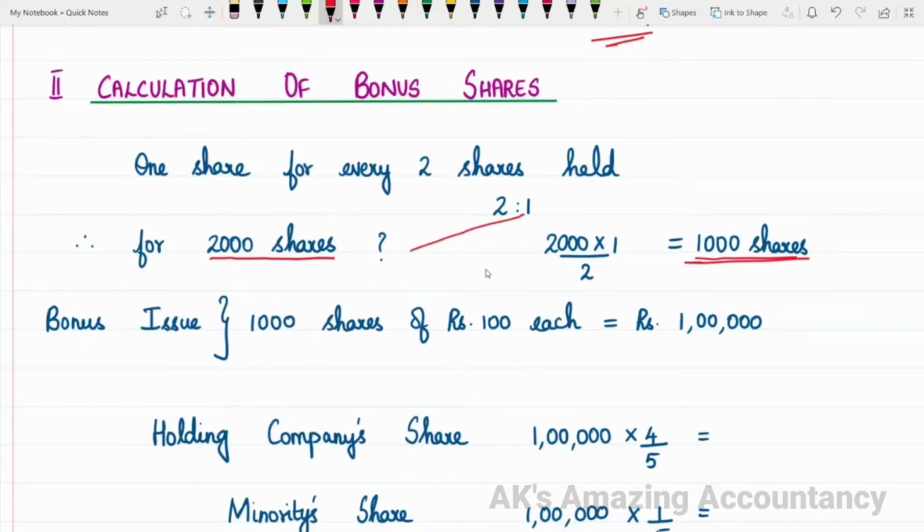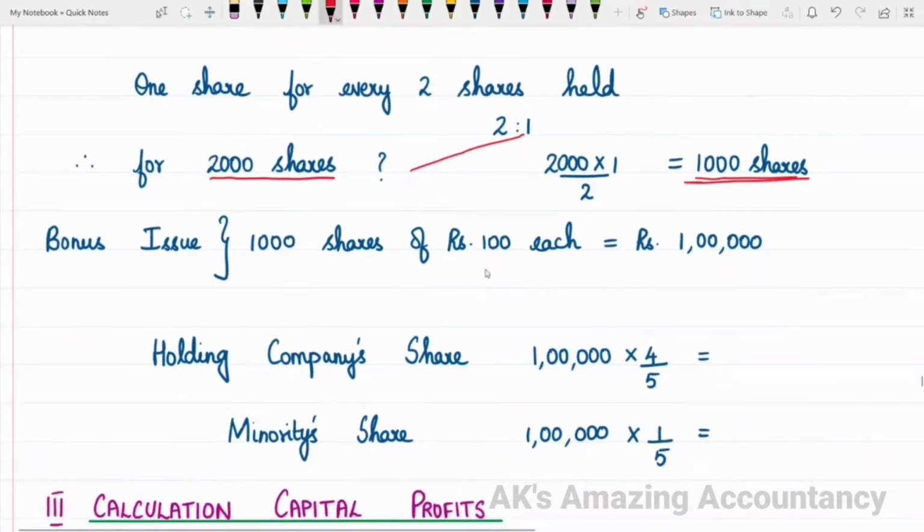Now after calculating the bonus issue, we have to divide it between the holding company and the minority by applying the holding minority ratio. What is the holding minority ratio we arrived at? It is 4 is to 1, is it not? So let us divide this bonus issue between the holding company and the minorities by applying the ratio 4 is to 1. So we'll have 1 lakh into 4 by 5, which will give you rupees 80,000.